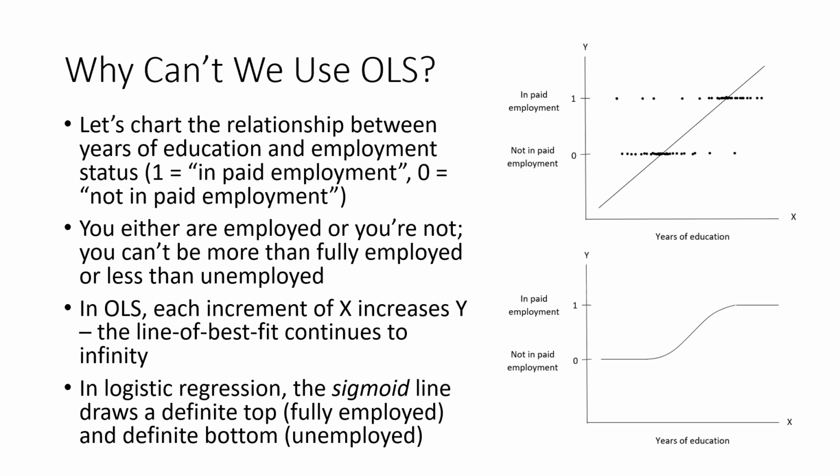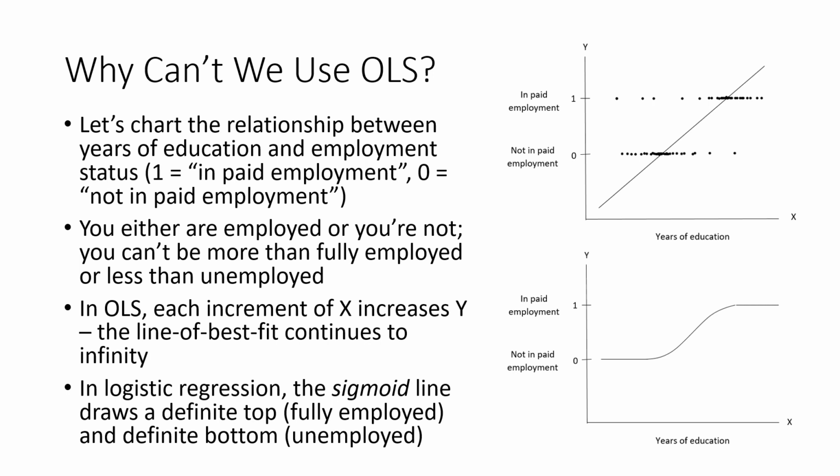You can see a line showing a positive relationship across those two outcomes, but it's a nonsensical line because it extends above in paid employment as well as below not in paid employment. In other words, the line of best fit will continue to infinity.